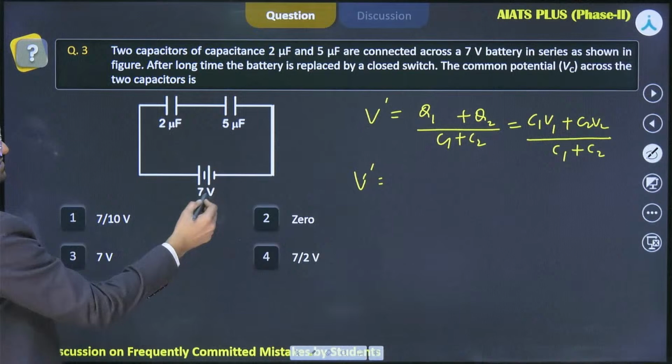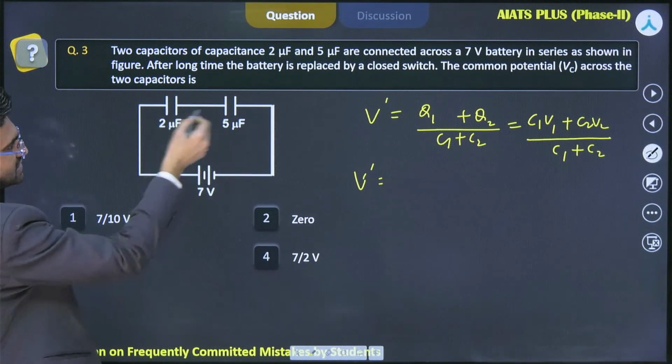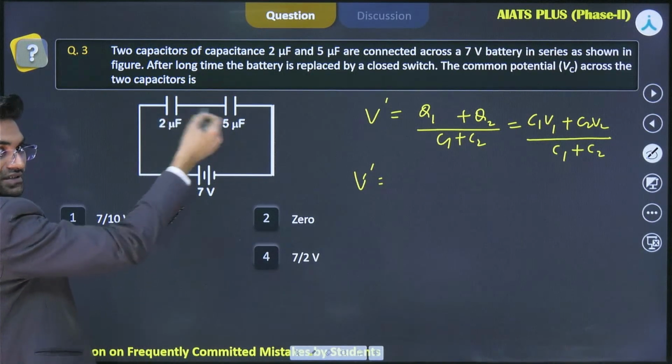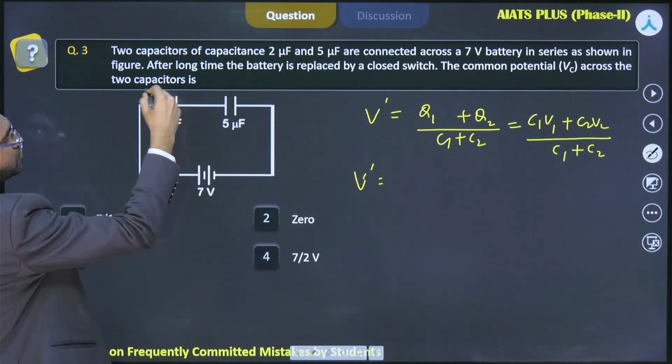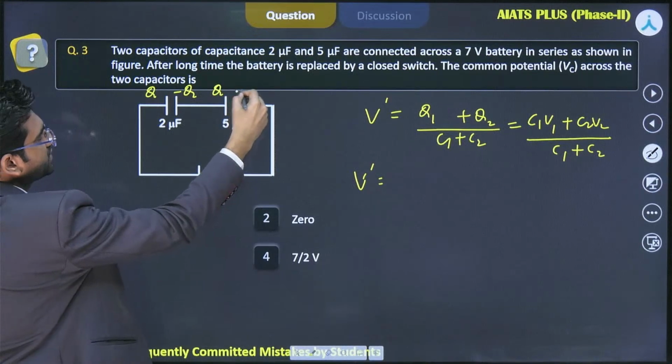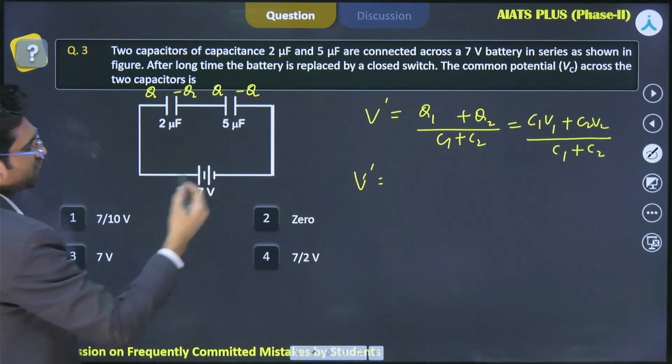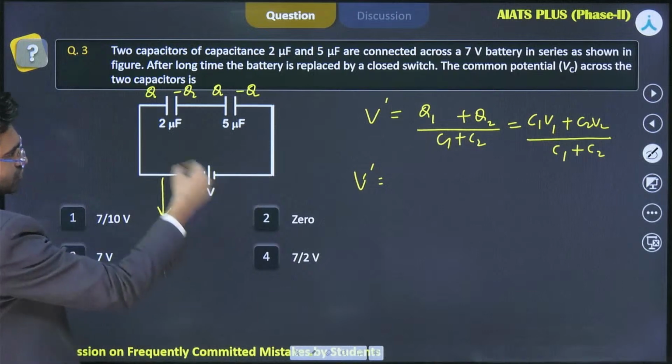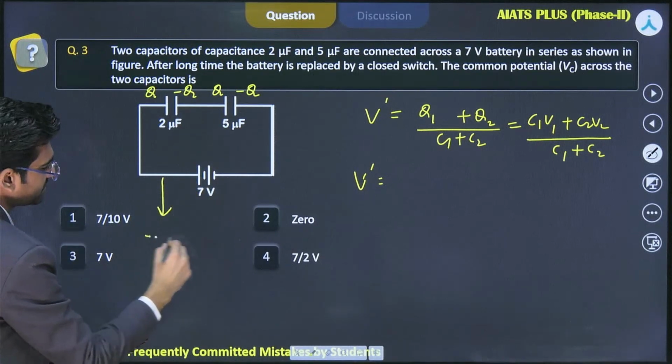If this is being charged with a battery and these two are in series, then this is Q, this is minus Q, this is plus Q again, this is minus Q. What will happen when these two are connected with a single wire? This will look like this.